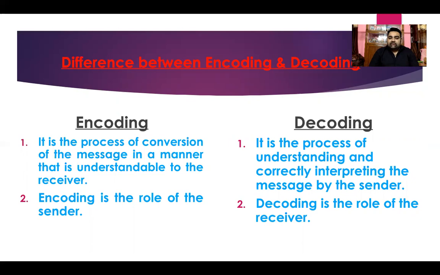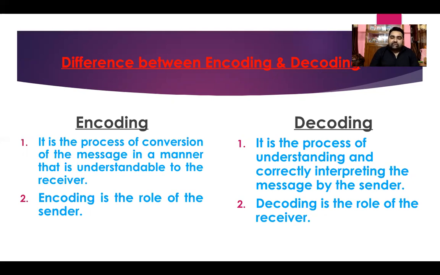First, you can understand this term as that encoding is the role of a sender and decoding is the role of a receiver. In encoding, whatever the ideas are present in the mind of a sender are present in a scattered form.